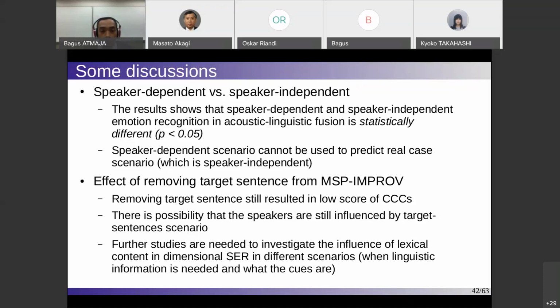So it is necessary to make further investigation in future research by using a lexically controlled dataset, meaning without linguistic information, then small linguistic information, then more linguistic information. What is the difference between with and without linguistic information, and with different amounts of linguistic information?